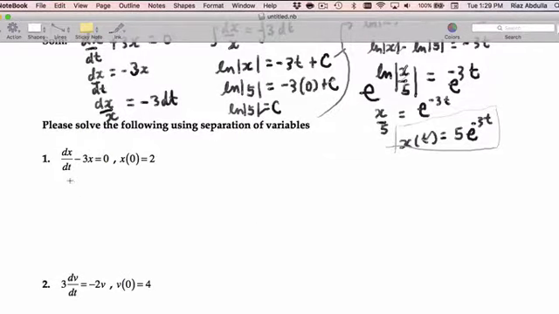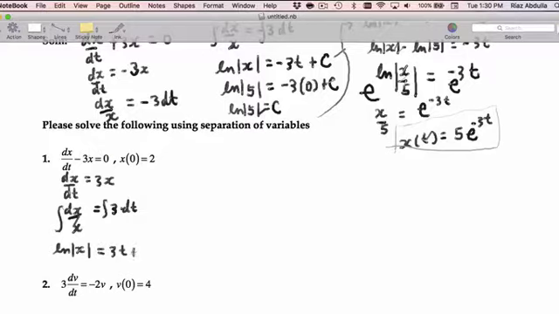Here we've already separated out the variables, so we can say dx dt equals 3x, continuing dx over x equals 3 times dt. We'll integrate both sides, so we get that the natural log of x equals 3t plus c. And now we plug in our initial conditions. So the natural log of 2 equals 3 times 0 plus c.